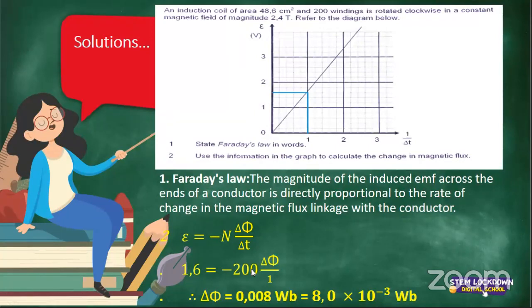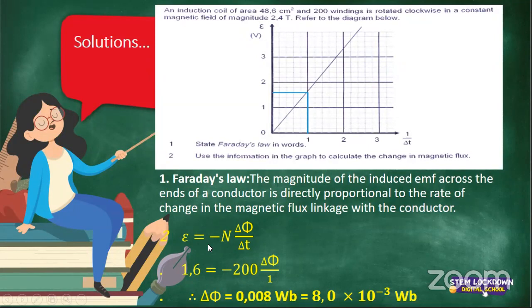So in calculating the magnetic flux, I conveniently selected time equals to 1. Why did I do that? Because 1 over 1 is 1, so that I can substitute this to be 1. So here, what do we know?